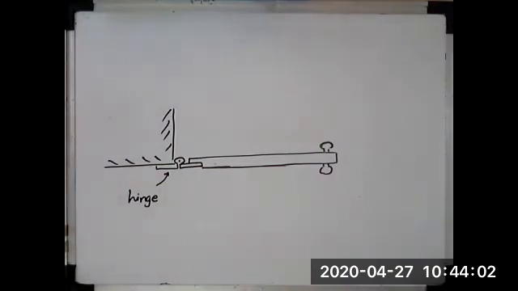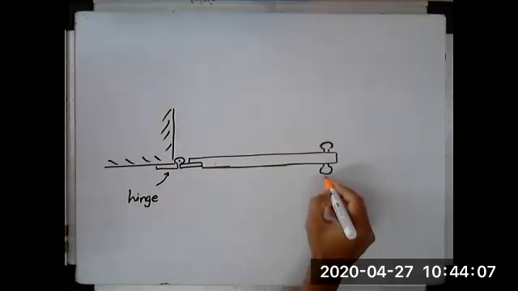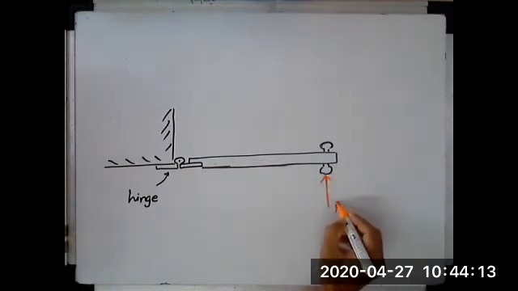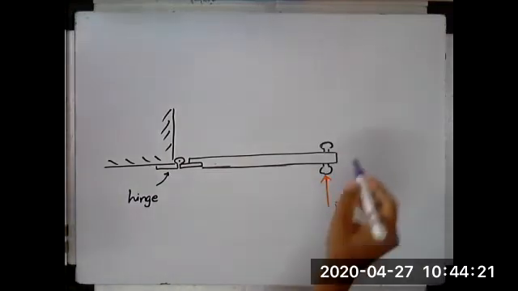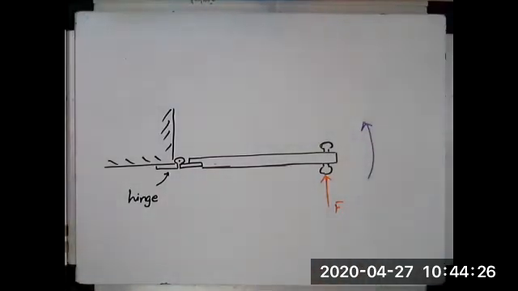So now, typically, you would like to ask the question where we would apply the force. So let's say that you are applying a force F to the door handle, and obviously you are attempting to make the door swivel in this direction. You are trying to get it to go anti-clockwise.